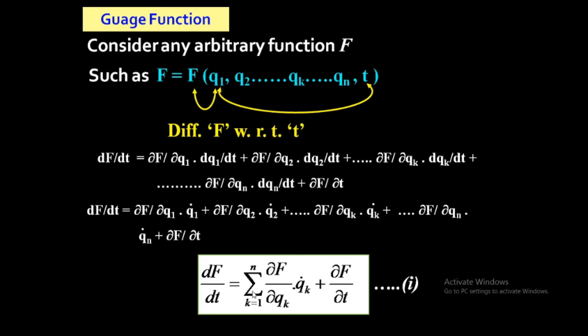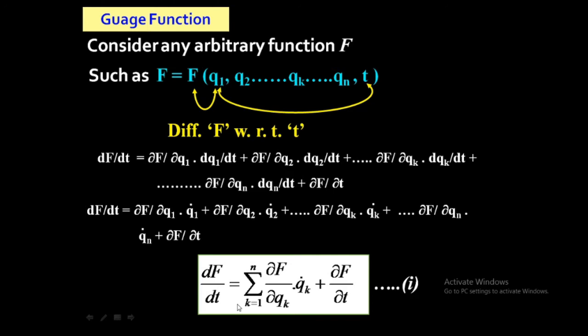You have to remember that you can write df by dt in these terms: summation over k plus del f by del t. F is any arbitrary function and its derivative with respect to t you can write as summation over k del f by del qk into qk dot plus del f by del t. This is equation number 1.